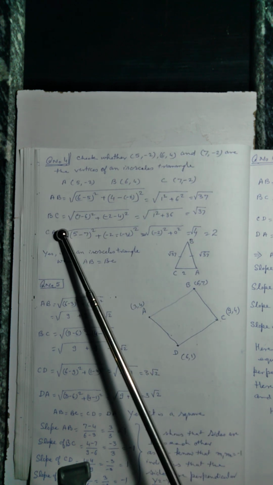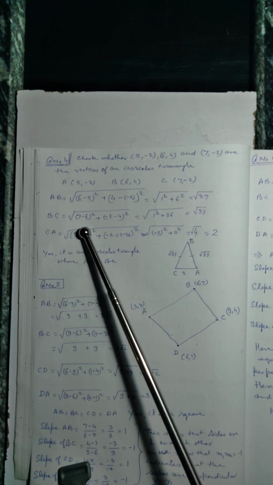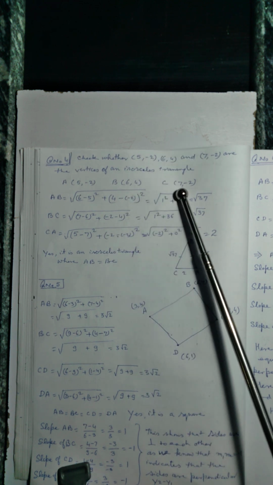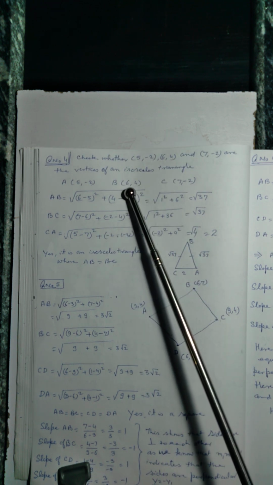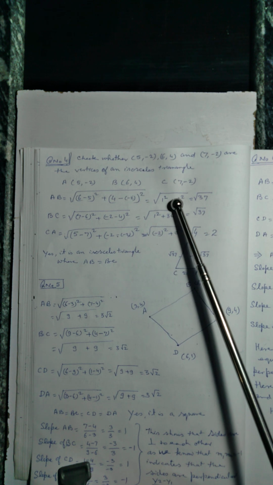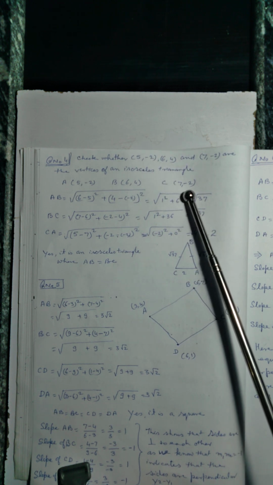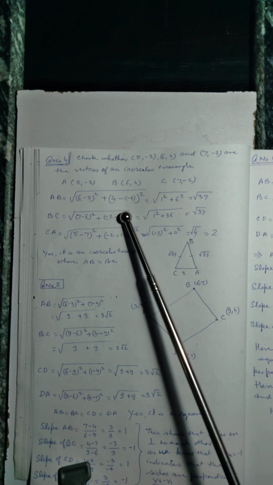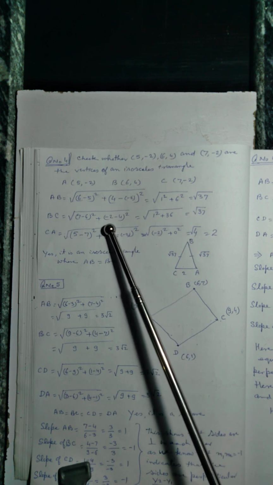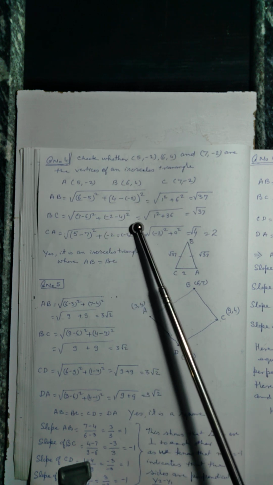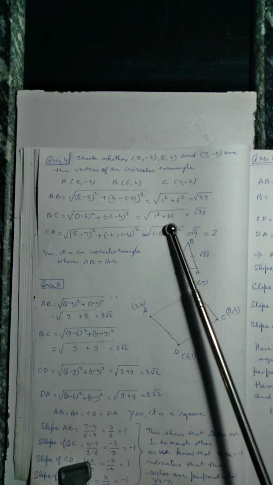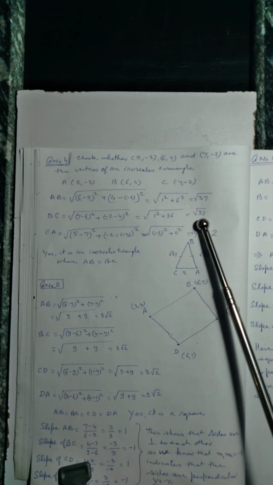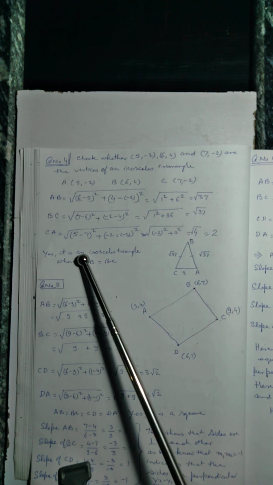So similarly for BC also you work out. BC means (7 minus 6) whole square plus (minus 2 minus 4) whole square. Solve it, you will get 1 square plus 36, that will be equal to root of 37.